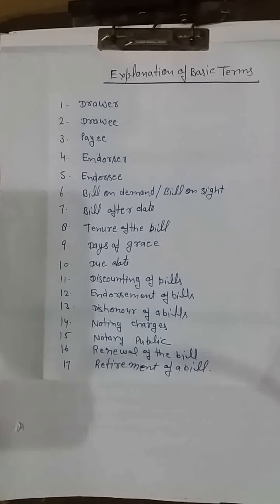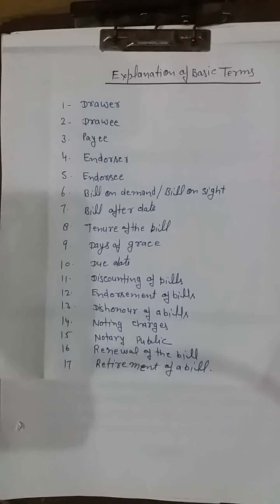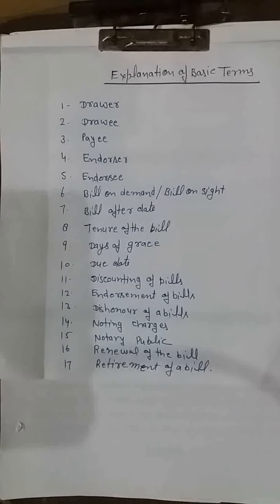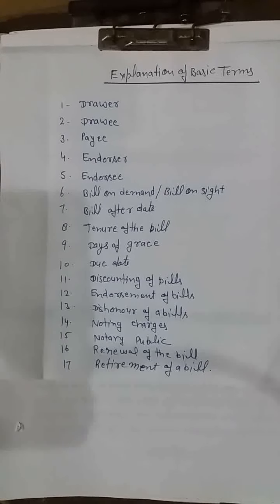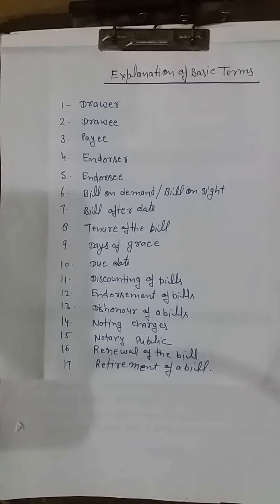In case the drawer has got the bill discounted, the person who has discounted the bill becomes the payee. In case the bill is endorsed in the favor of a creditor of the drawer, the creditor will become the payee.